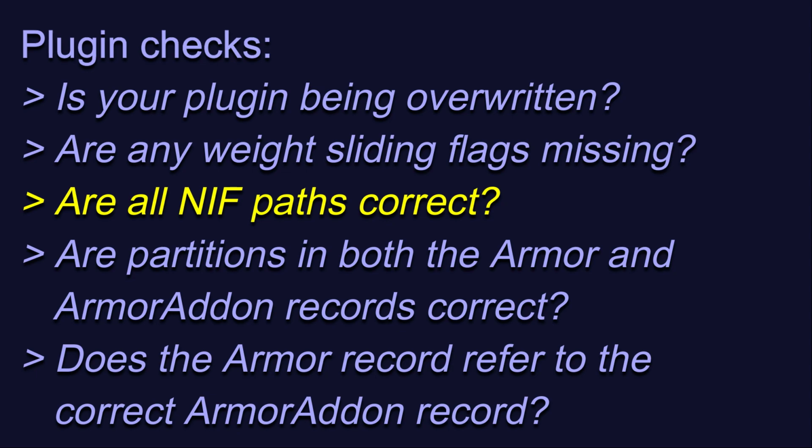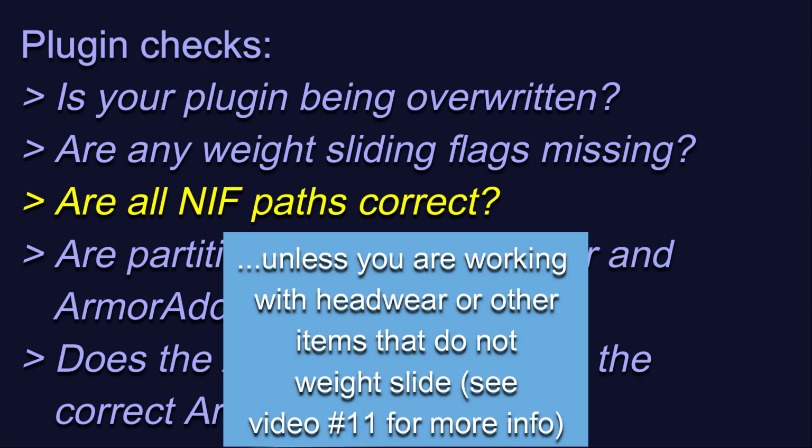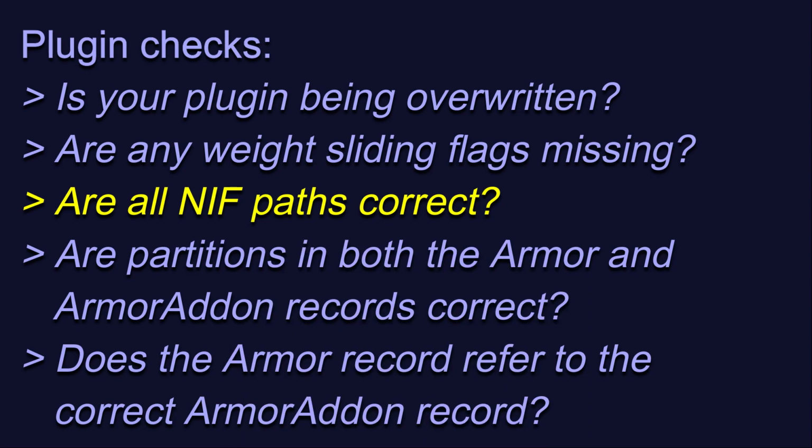Check both the male and female files to be sure. Remember not to start any path listings in the plugin with the word meshes. And remember to list the _1 file for the wearable NIF. And don't forget that you need to include the .nif extension for your file.